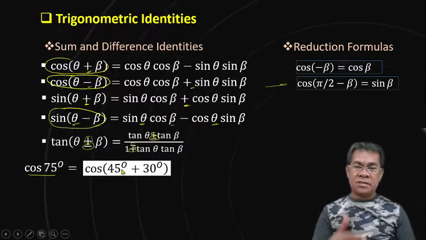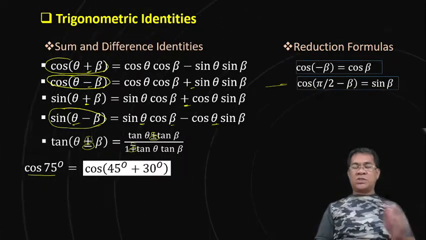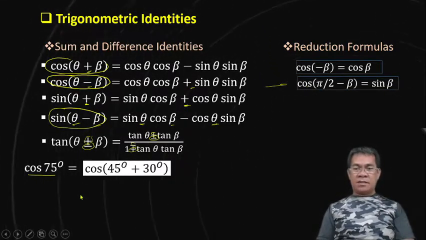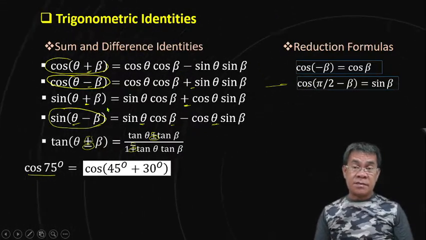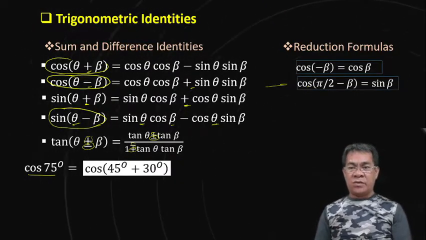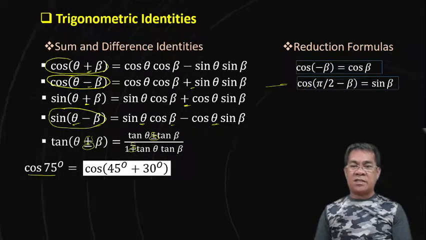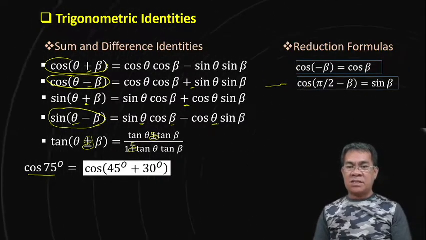So the first thing to do, in order to provide the exact solution of the cosine of 75 degrees, is to use the sum and difference identity. In this case, we will use the sum of cosine identity. Cosine of alpha plus beta should be cos cos minus sin sin. Because this is plus, it should be minus.